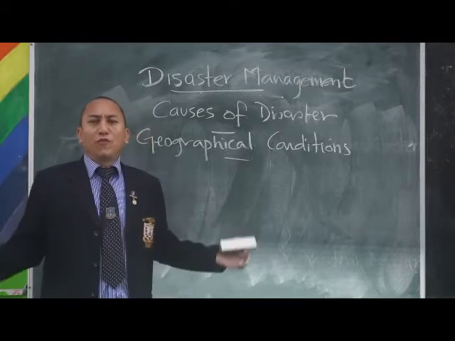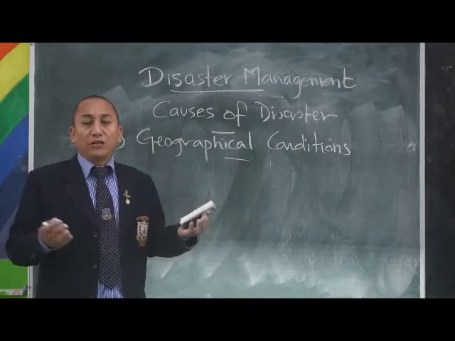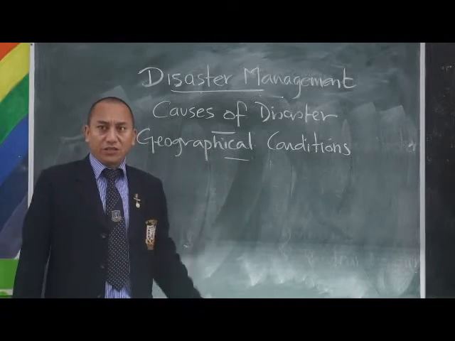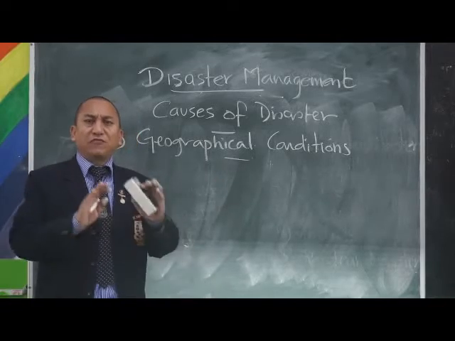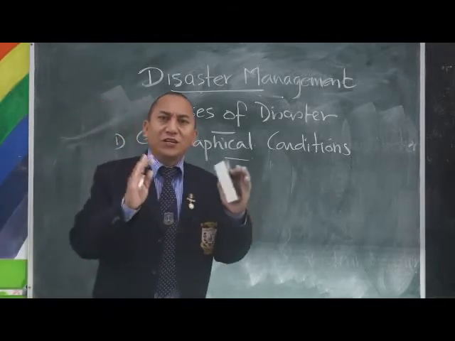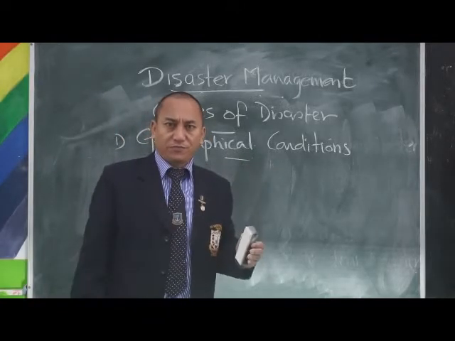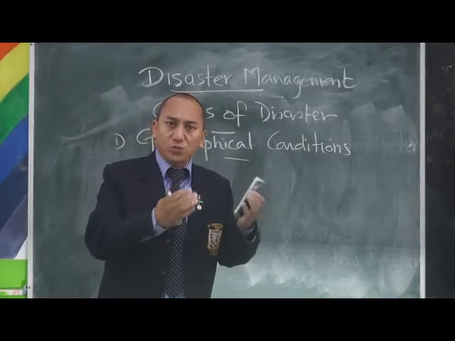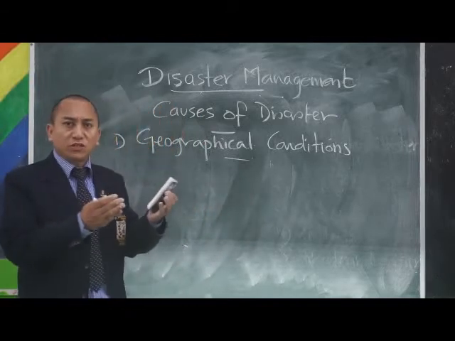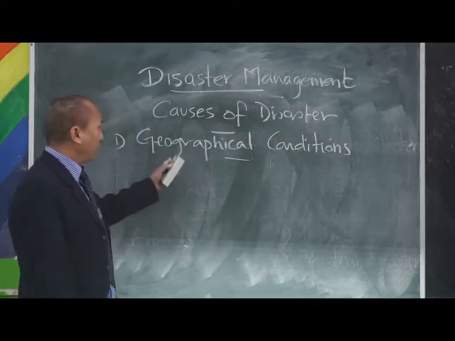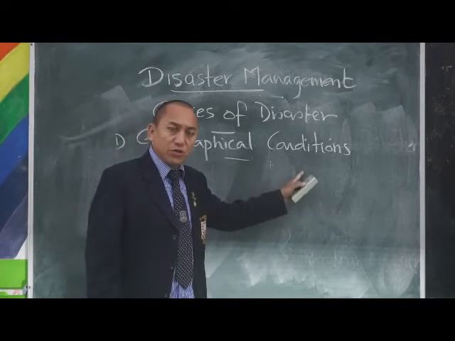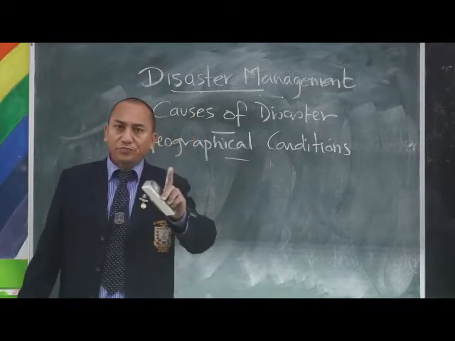No crops grow, no vegetation grows. And therefore, there is a disaster. It creates a very difficult condition for people to survive. Many people lose their lives as well because of drought. So geographical conditions is the first cause of disaster.